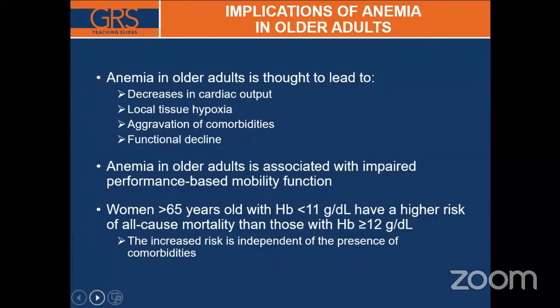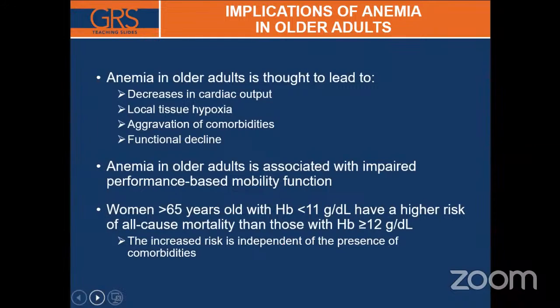Anemia in older adults is not just a lab finding. It carries significant clinical implications. First, decrease in cardiac output. Second, local tissue hypoxia. Third, aggravation of comorbidities and also functional declines. Importantly, anemia is linked to impaired mobility, with older adults experiencing diminished performance in activities of daily living.